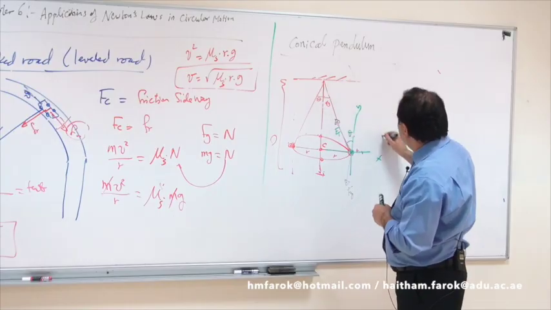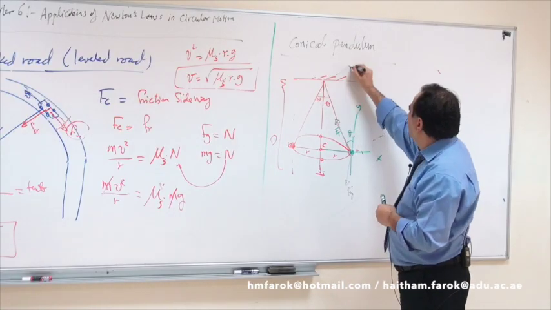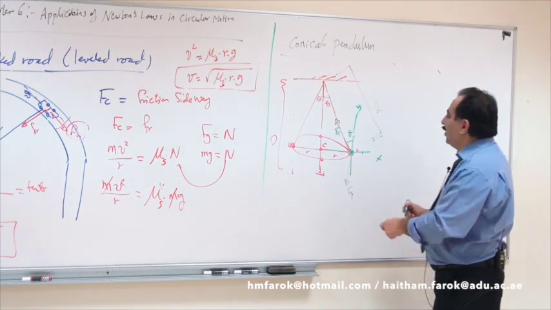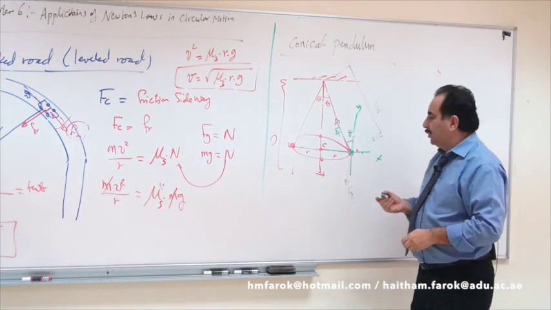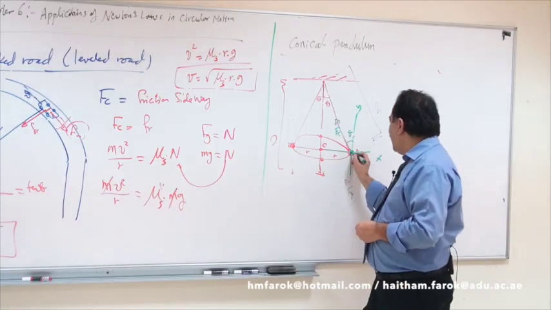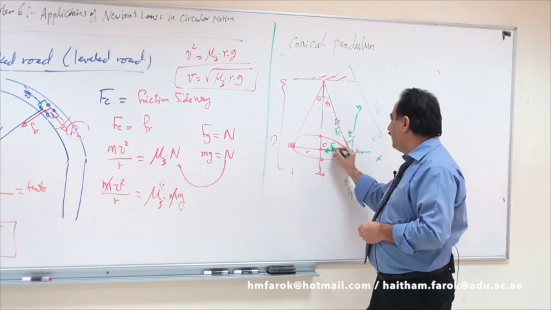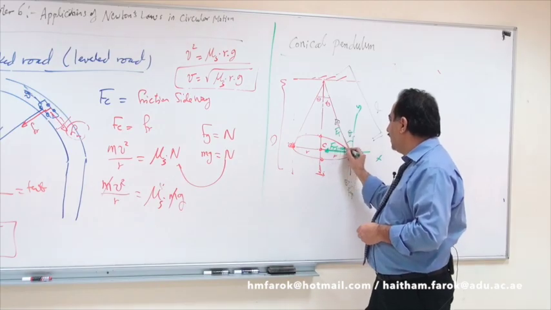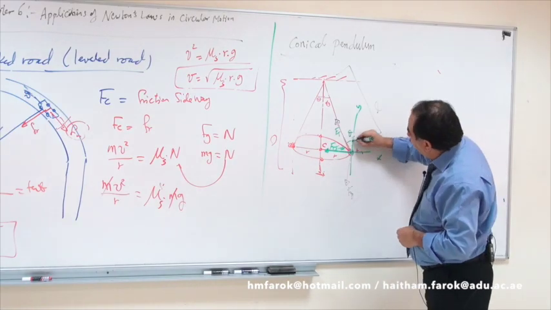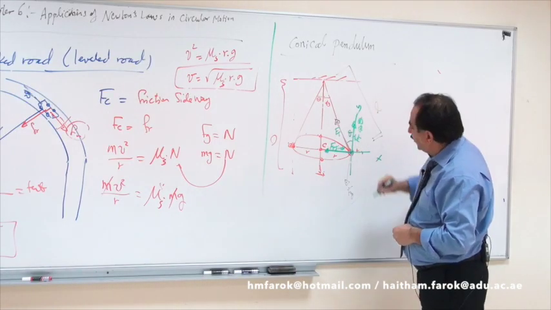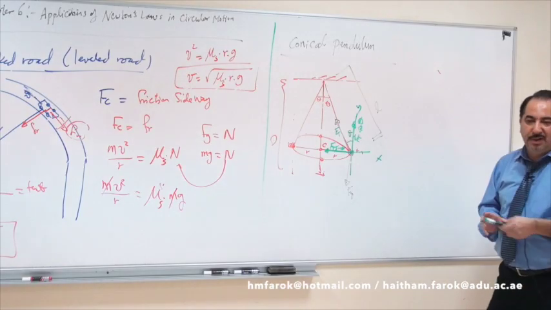And from here to there is L. So FT has two components. One this way, what's the name? FT sine theta, and one upward, FT cosine theta.